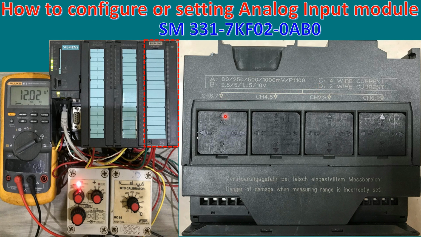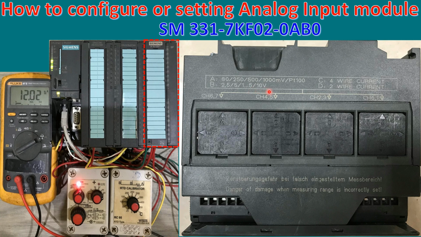If we select the setting A, it means that we can use millivolt or PT100. And if we select B, we can use volt input, 2.5, yes, 5 volt, 1 to 5 volt, or 0 to 10 volt.